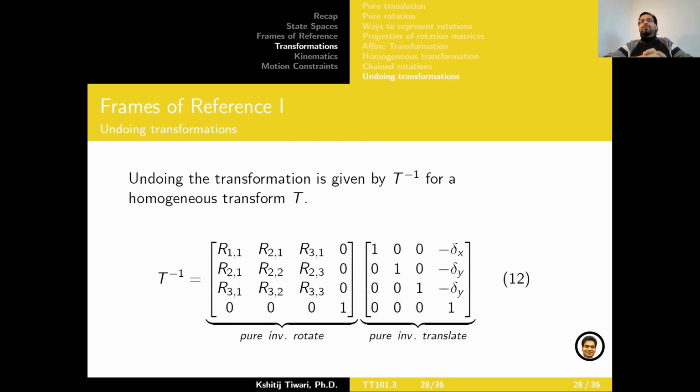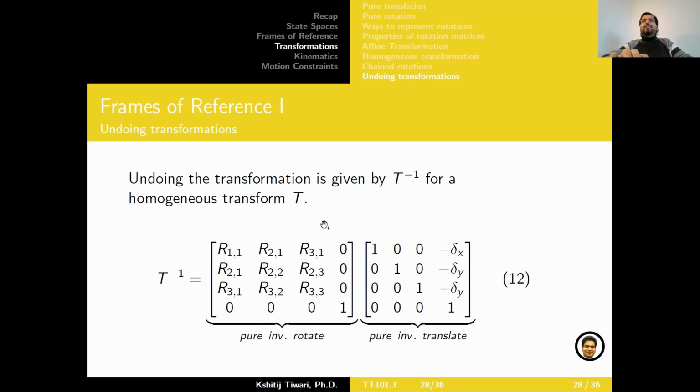Maybe you're doing a certain calculation where you have to first do a transformation and then undo a transformation. In that case, you're basically talking about taking the inverse transform. So let's say T is the transform, which is your rotation and your translation, again in homogeneous representation. So T inverse would be the inverse of the transform that you did.